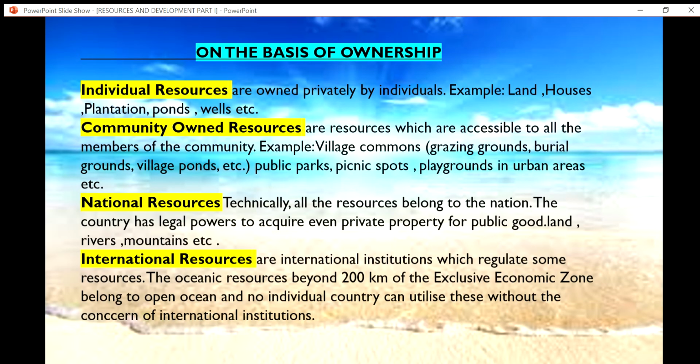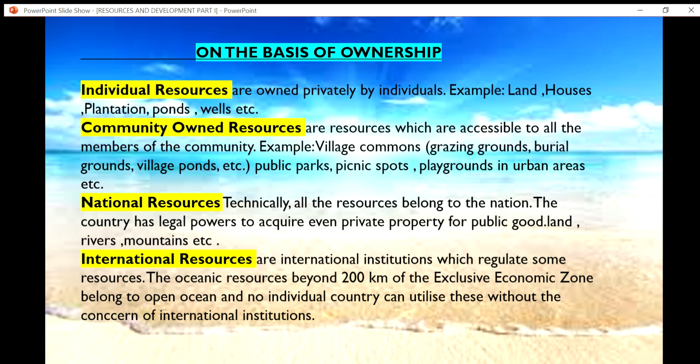Now, on the basis of ownership, we categorize them as individual, community-owned, national resources, and international resources. First, let's talk about individual resources.